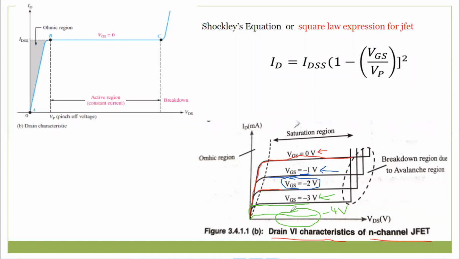But what is the advantage of this compared with the BJT? In the BJT we have two junctions, like PNP, between PN one junction and NP another junction, two junction barrier potentials, that is JE as well as JC.